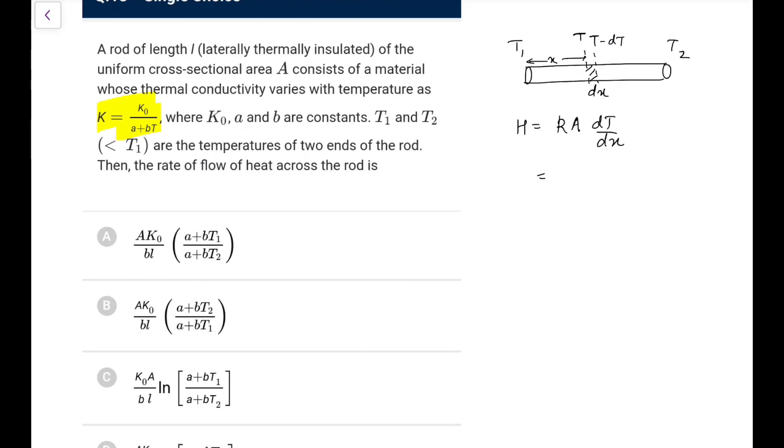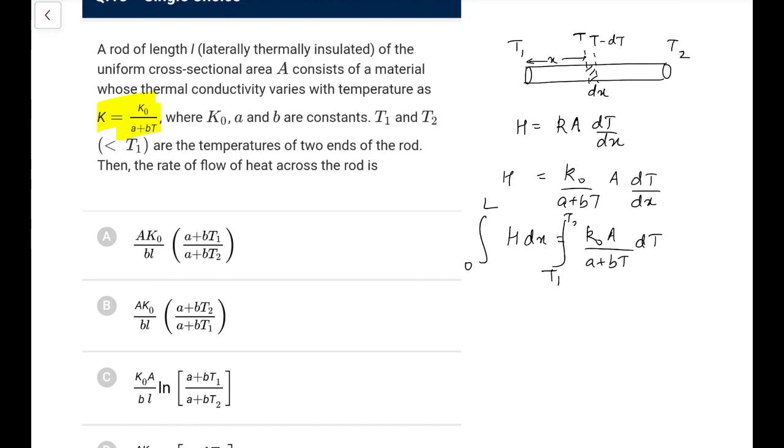So K would be equal to K0(A + BT), with area A, dT/dx. That is because this H is going to be a constant thing for you. Now for the rate of heat flow, you write H dx equal to K0 A upon (A + BT) dT, and do this calculation. X varies from 0 to L, T varies from T1 to T2.